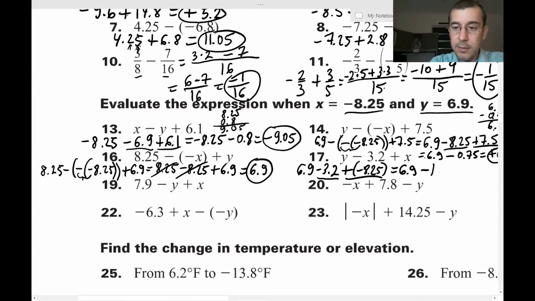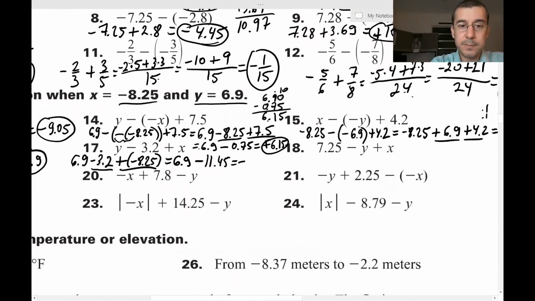So 11.25, and 0.2 is 11.45. So this is minus, and then 11.45 minus 6.9, that's 4.55. And then you can add up this and this number to verify that it's 11.45. So 4 and 6 is 10, 11.45. So yes, this is correct, minus 4.55.